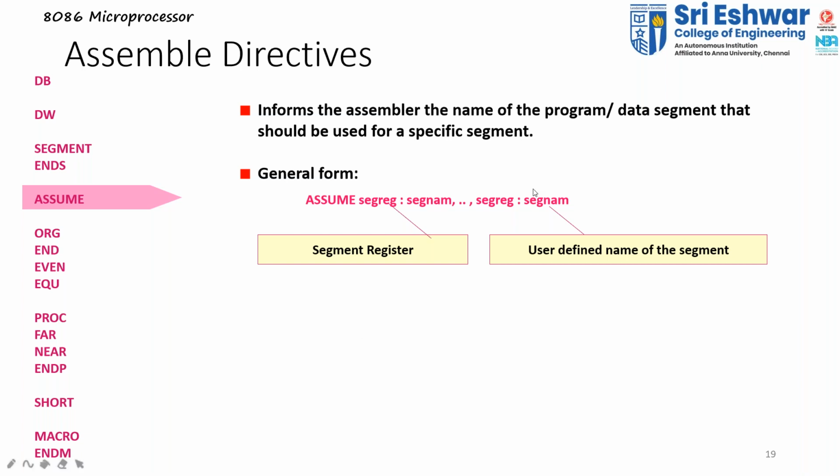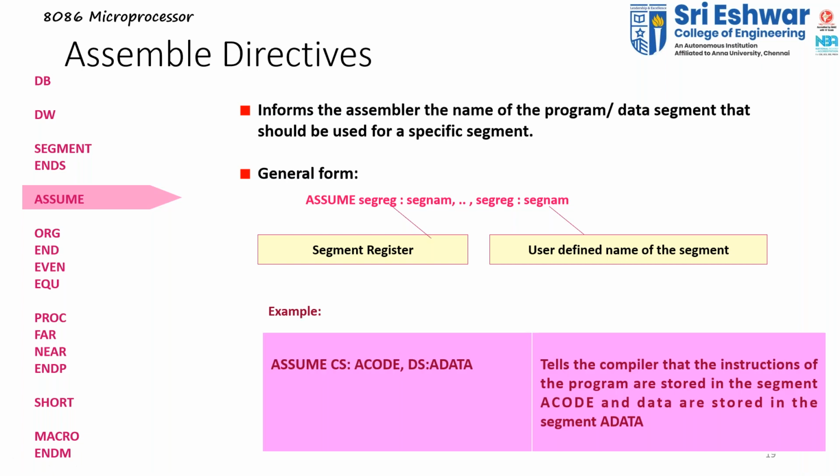This is the general form of ASSUME: ASSUME CS:CODE, DS:DATA. So this tells the compiler that the instructions of the program are stored in the code segment, and data are stored in the data segment.